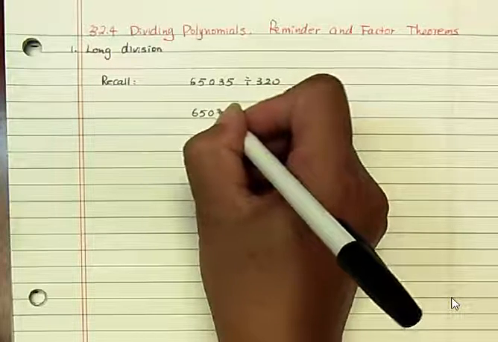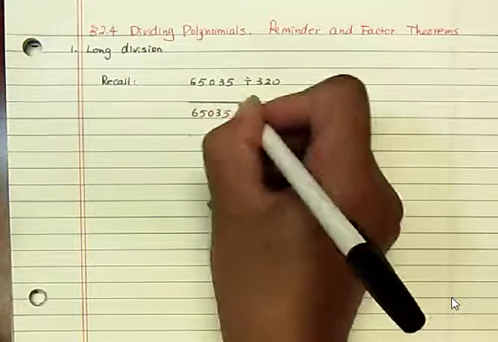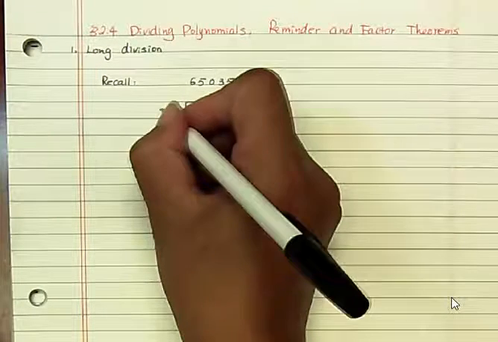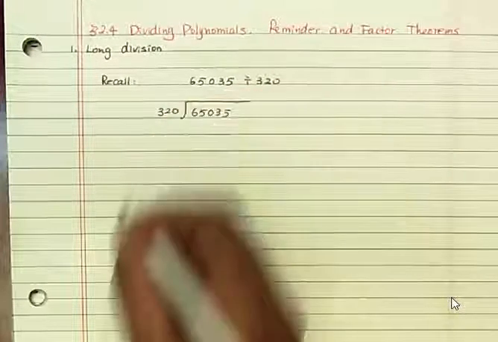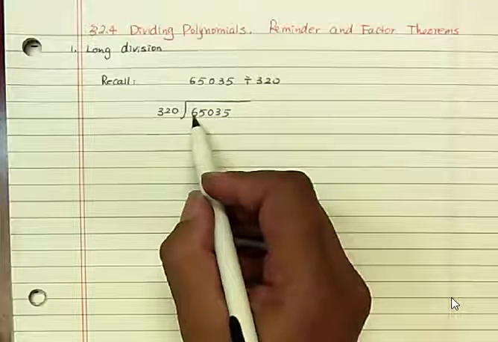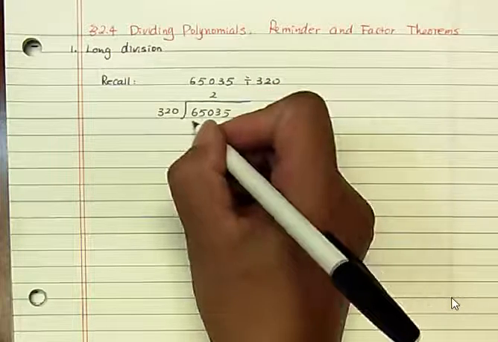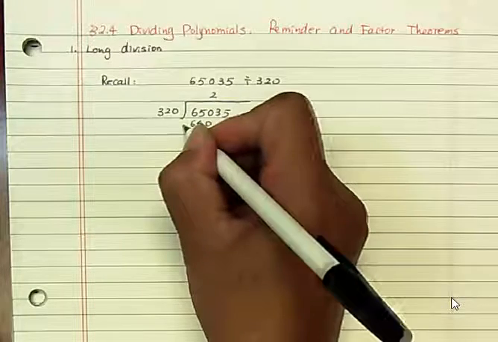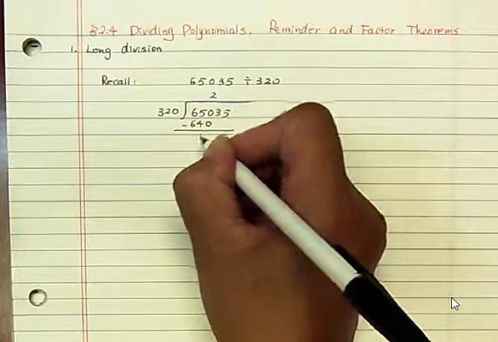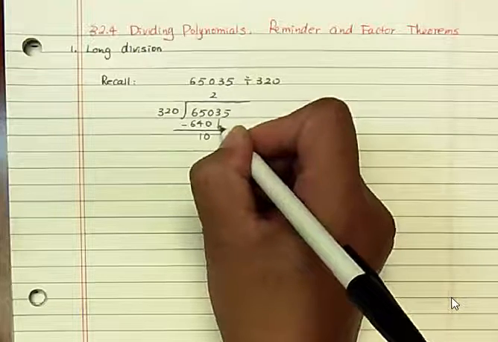We put that dividend inside the division box, divisor outside, right? We check, okay, 1 2 3. Let's see, do we get into that 2? So that's 640. Then we do subtraction and get 110, and bring the next term down.